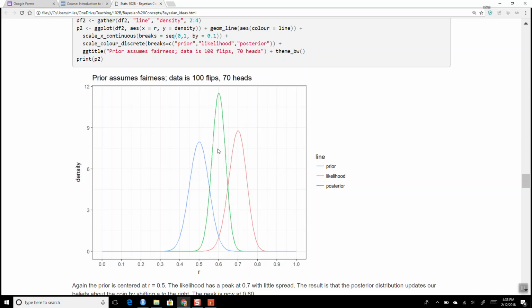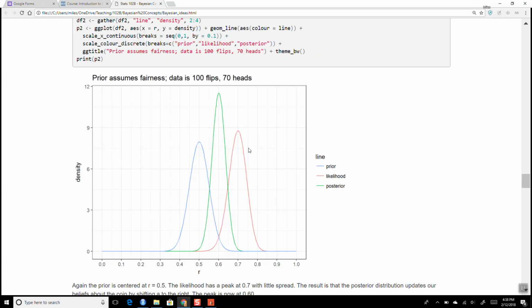And so my prior beliefs had alpha 50 and beta 50. Basically, I'd seen 100 flips so far. Half of them were heads and half of them were tails. And then my new data set was another 100 flips where 70 were heads and 30 were tails, okay?